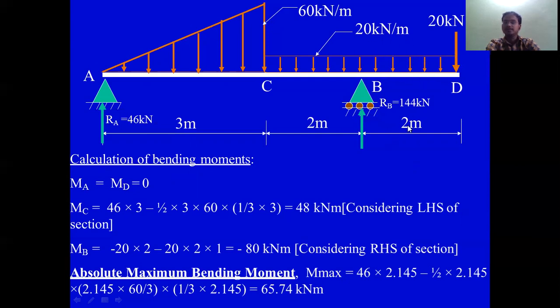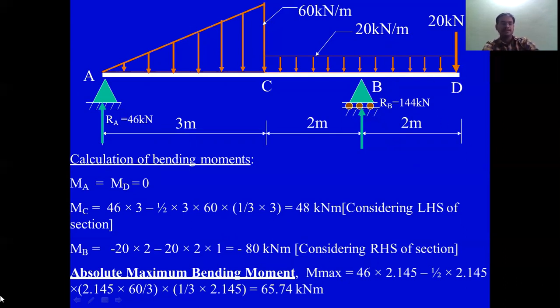This 20 kilonewton within these 2 meters acts here, so both are in downward direction. So minus 20 into 2, the length is 2. Next, minus 20 into 2, acting at a distance of 1 meter. So this will be the final calculation: minus 80 kilonewton meter after considering RHS.